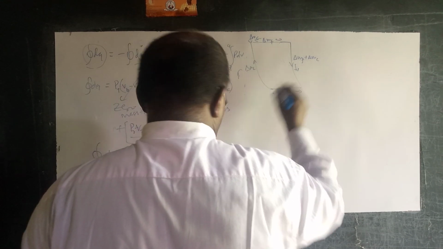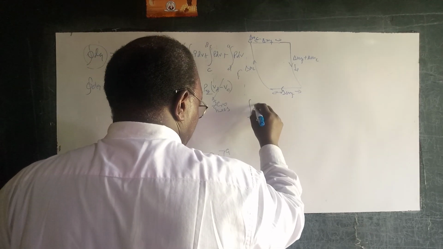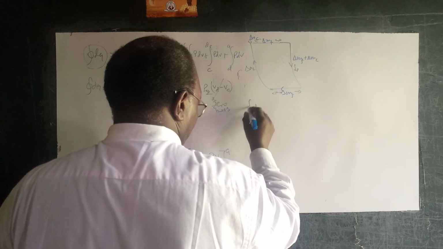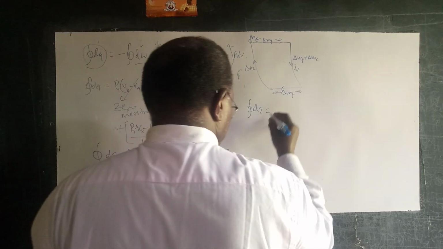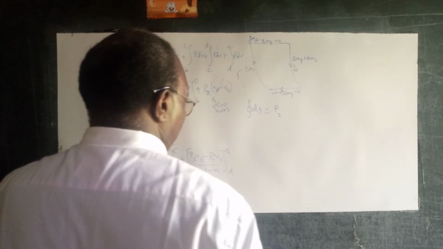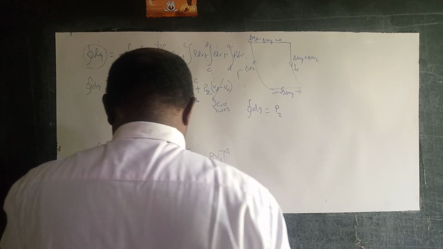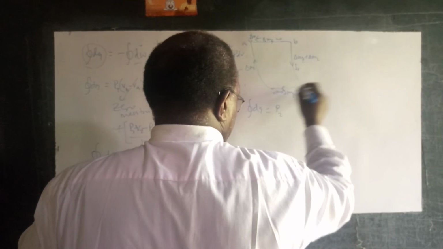Let's just work with it. So this particular one, integral dq, we have P2 for state point. For state points, we have A, B, C, D.